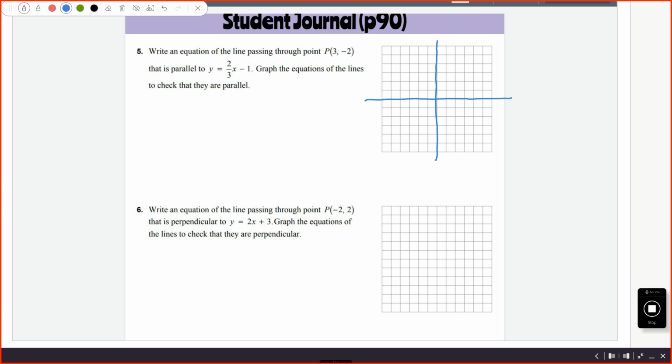Okay, so let's plot 3, -2. So 1, 2, 3, and then down 2.